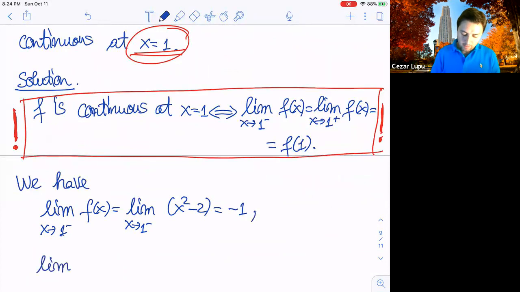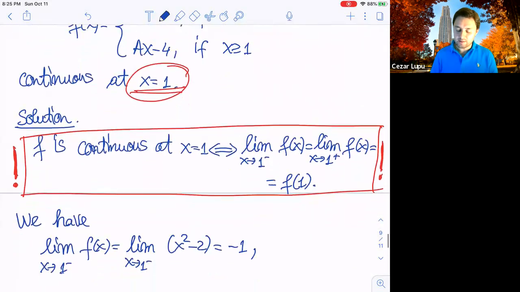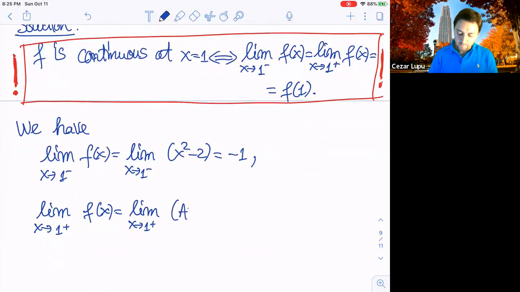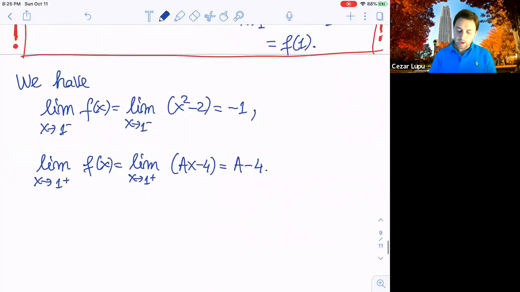And then we have the limit as x approaches 1 from the right of f of x, which gives us the limit as x approaches 1 of the second piece, ax minus 4. Once we plug it in, it will give us a minus 4. Okay, so this is the first one, the second one, and the third one.